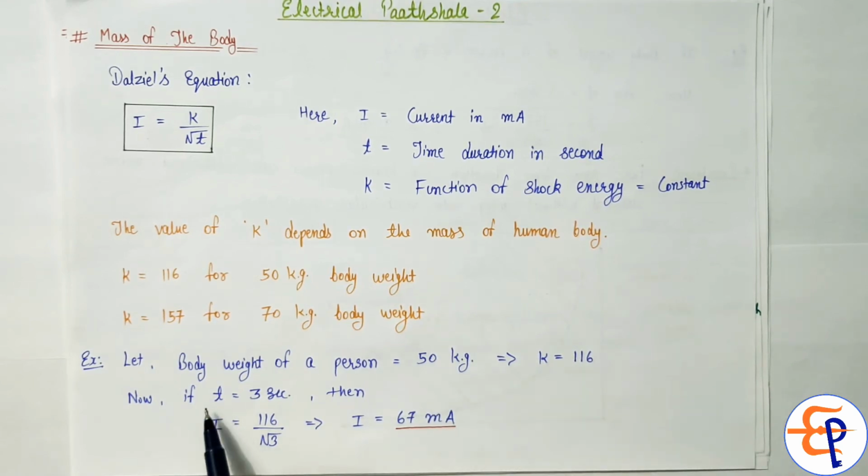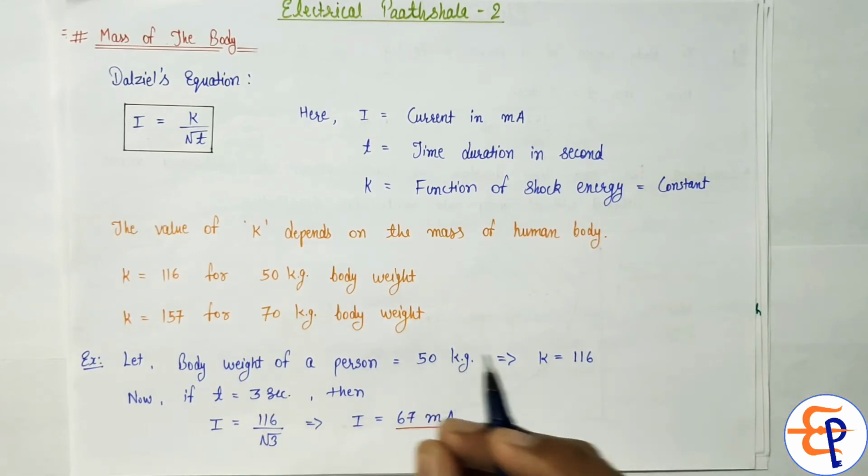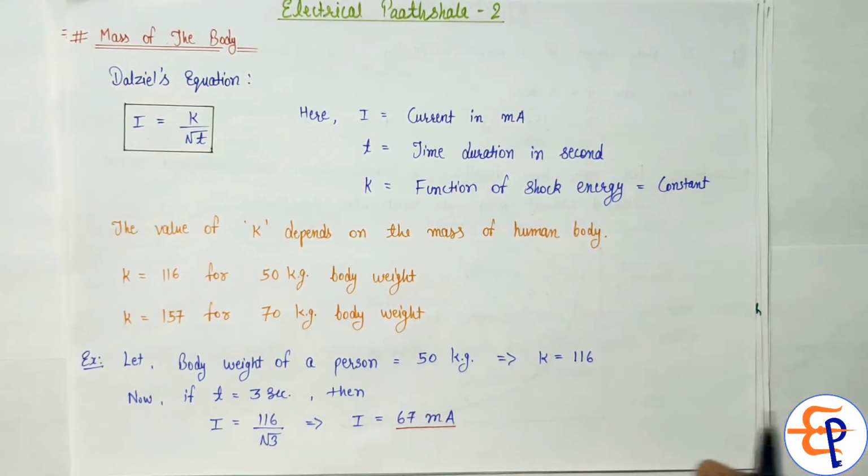Now guys, suppose T is equal to 3 seconds. For 3 seconds, current I is passing through that person's heart. Now we have to find out the value of that current I. So using Dalziel's equation, we found that the value of that current I is about 67 milliampere.